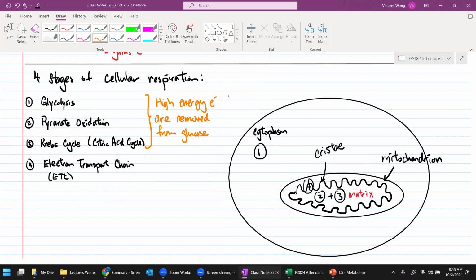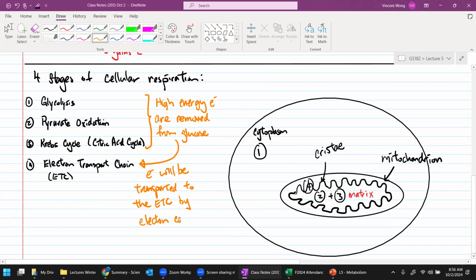We will collect these electrons, which again are high in energy, and we'll collect all of them and then transfer them to the last step. Electrons will be transported to the ETC, the electron transport chain, by electron carriers.